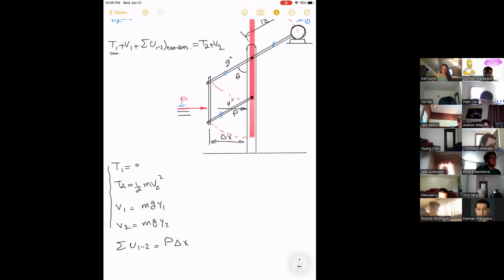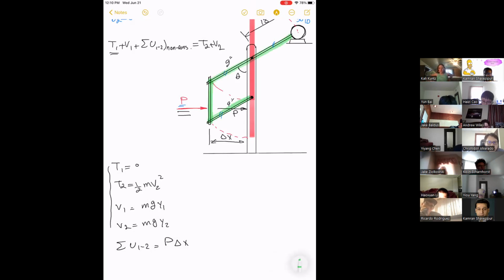Any question about this? And remember, I do not consider the mass of these rods. We suppose they have no mass.